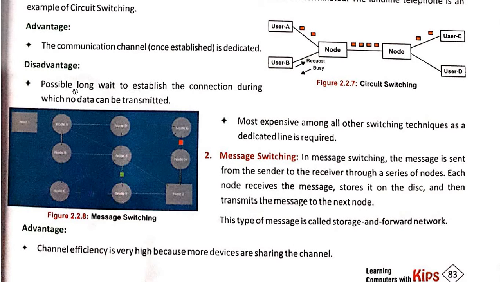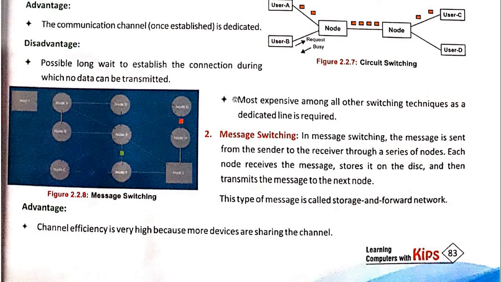The problem is the possible long wait to establish the connection, during which no data can be transmitted. It happens when there is some problem in the switch, or two or more computers are connected with the same network, the same path. Then it becomes a problem to establish the connection for the first time.